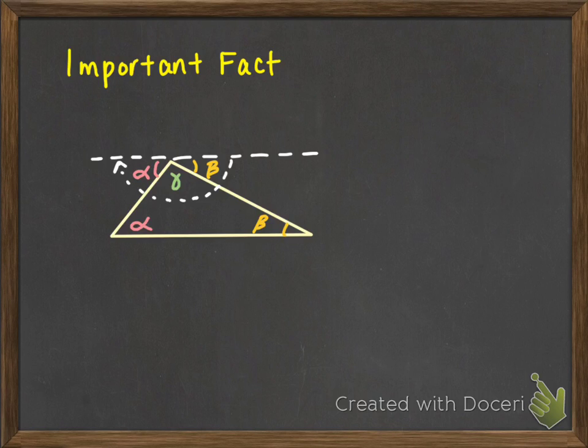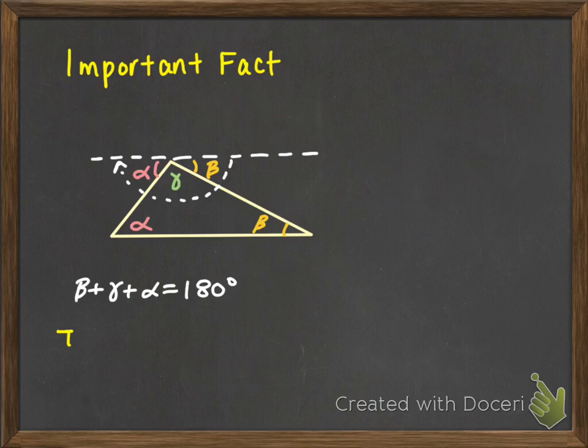which is actually a straight angle. So if you recall, straight angles equal 180 degrees. So that tells us that beta plus gamma plus alpha equals 180 degrees. So this gives us a very important fact. These three angles are actually the measures of the angles inside of our triangle.